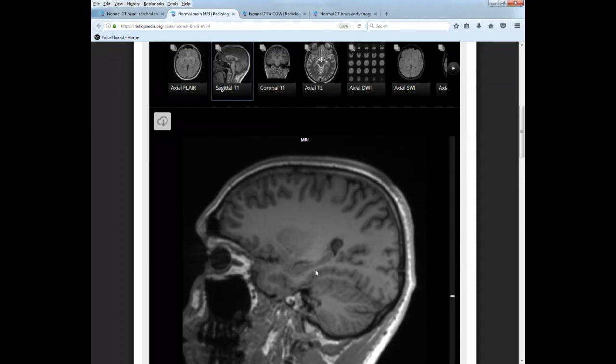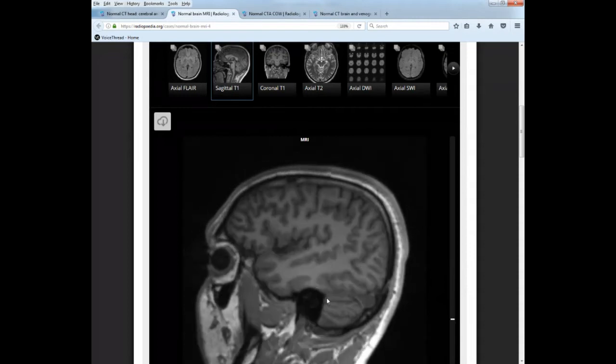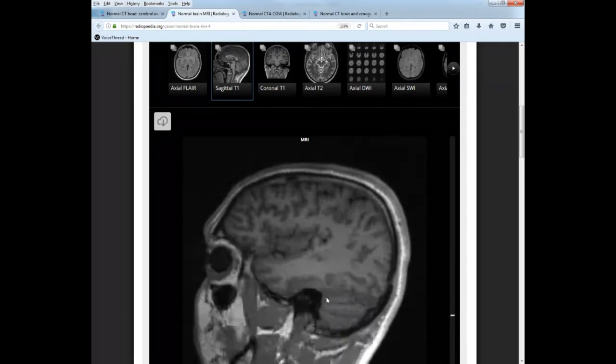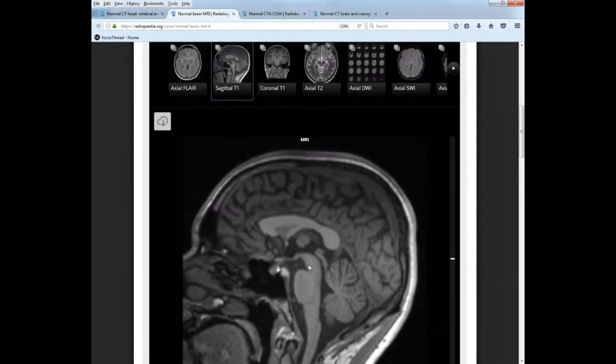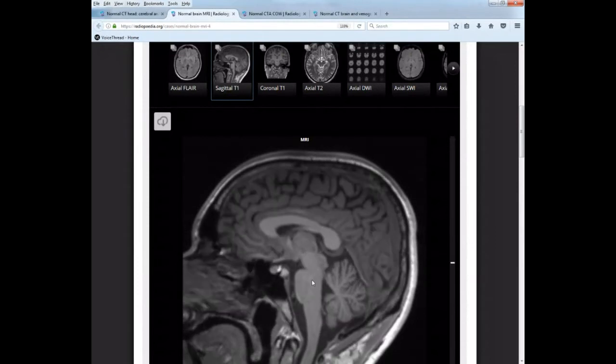So now let's move to the brainstem. Brainstem, 3 parts: midbrain, pons, medulla oblongata. So let's get to the midbrain. Where are we? Here we go, right here. The most superior part is the midbrain.